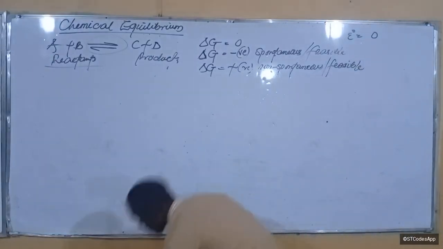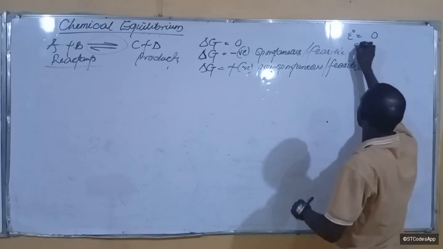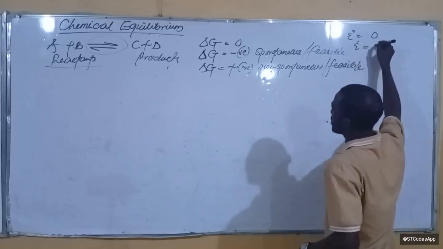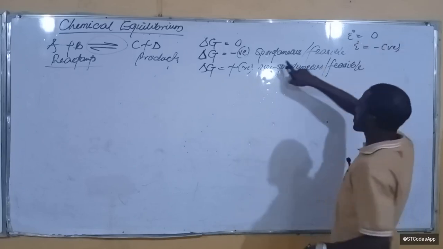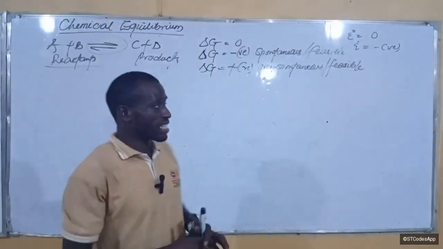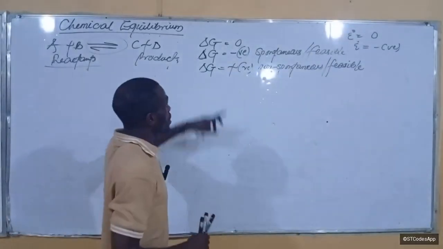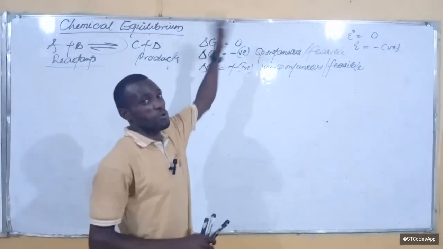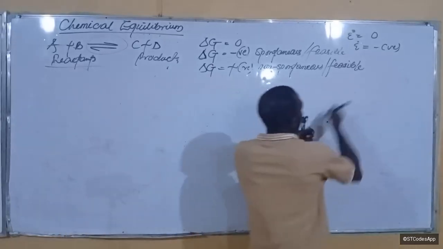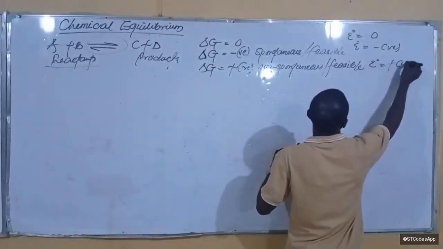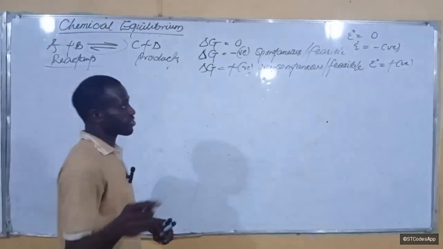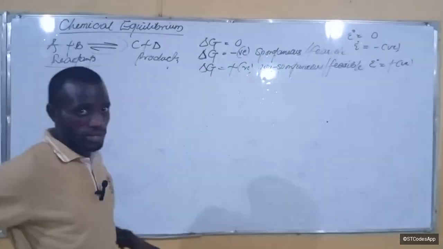If the cell potential is negative, it is the opposite. It is non-spontaneous. If the cell potential is negative, it is what? Non-spontaneous. But if Gibbs free energy is negative, it is spontaneous. So don't forget that. While if the cell potential were positive, then the reaction is spontaneous. So that's just a side note.